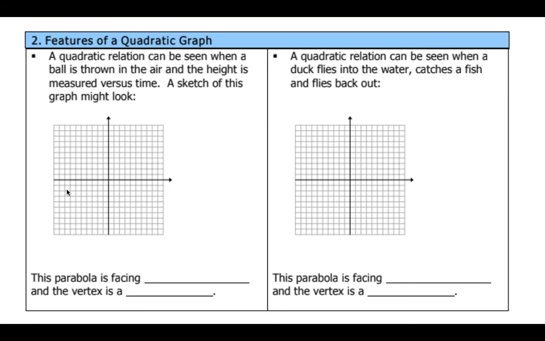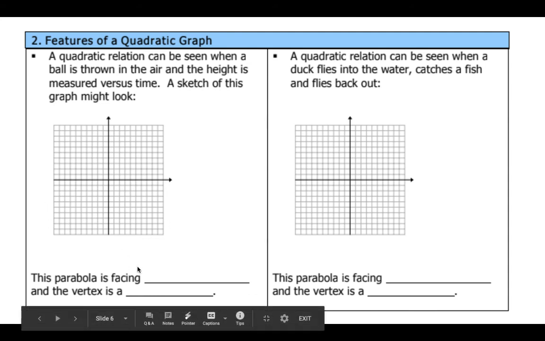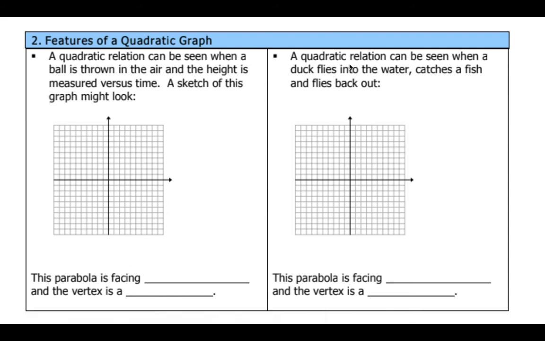A sketch of this might look like a parabola going like this. I'm going to read through this first and then we're going to fill this in. The second one, a quadratic relation can be seen when a duck flies into the water, catches a fish, and flies back out. So it's going to start high, go down low, and then come back up.